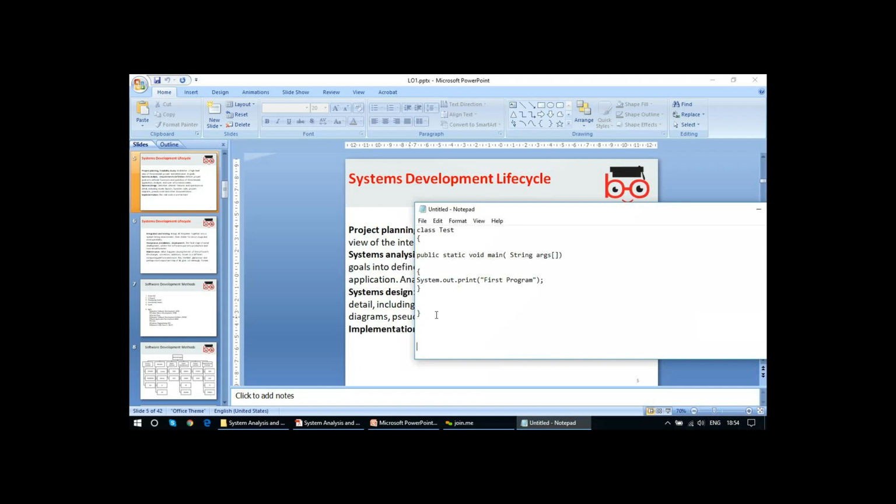What happens when you want to write the pseudocode? The pseudocode is the code written in human language.